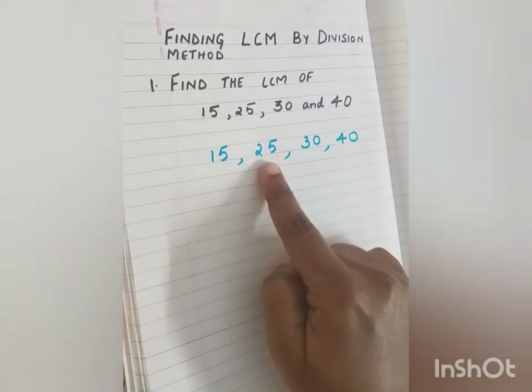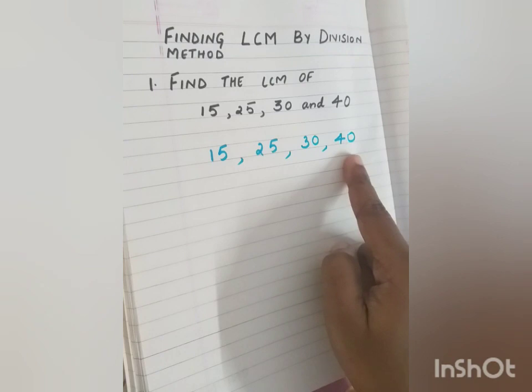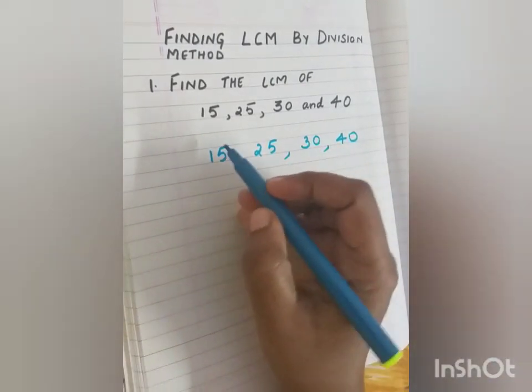15, 25, 30 and 40 come in which multiplication table? The answer is very simple.